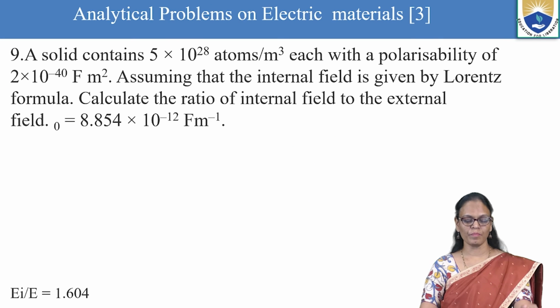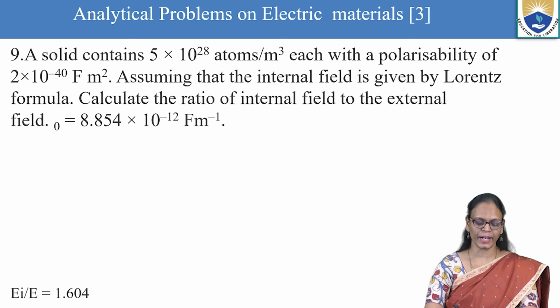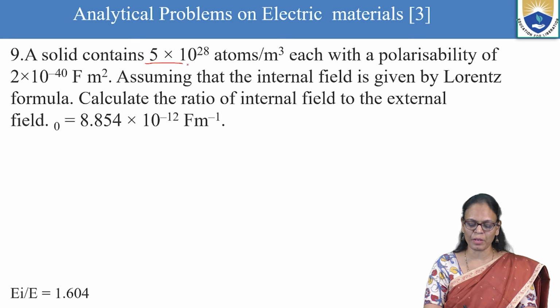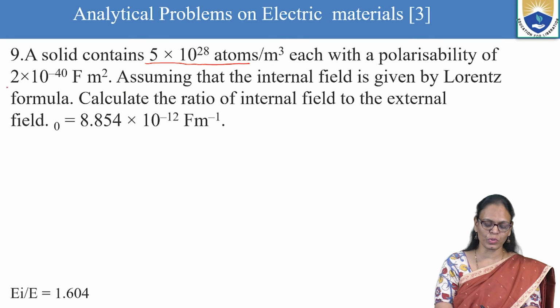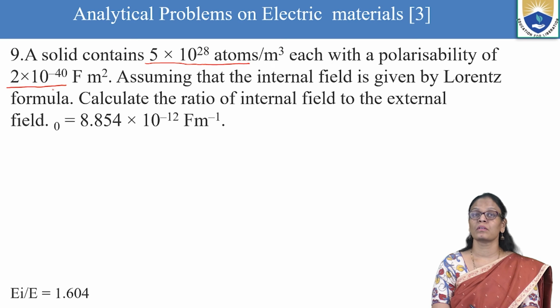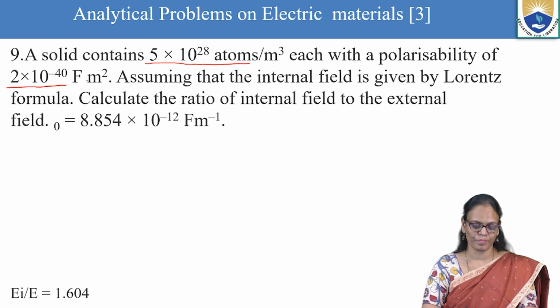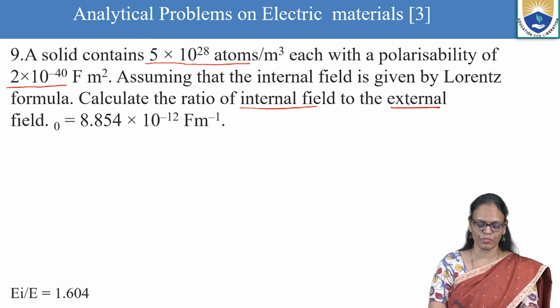Now the next one, a solid contains 5 into 10 power 28 atoms per meter cube with a polarizability of 2 into 10 power minus 40 farad meter square. Assuming the internal field is given by the Lorentz formula, calculate the ratio of internal field to external field.